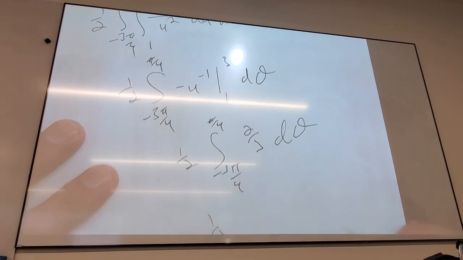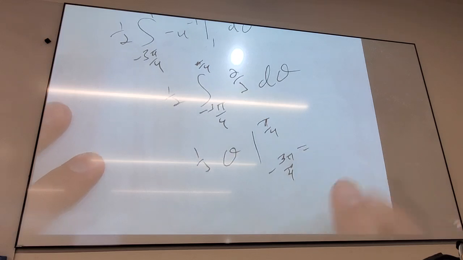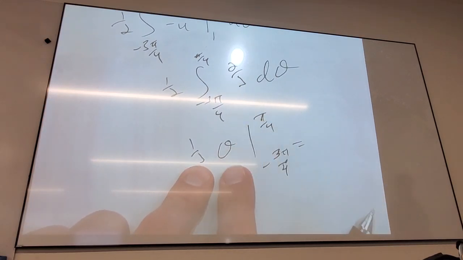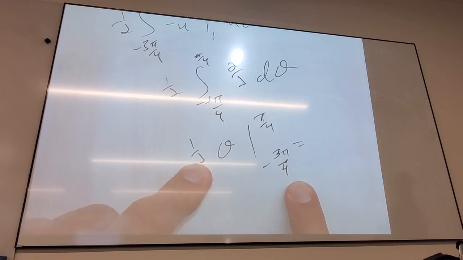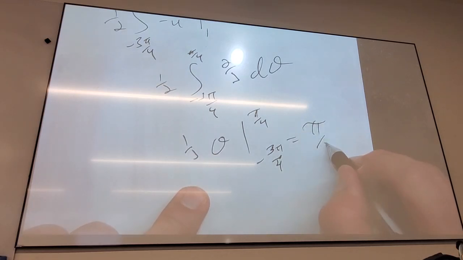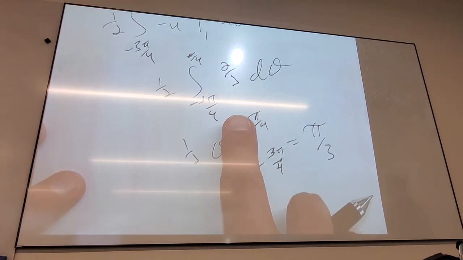Integral of 1 d theta is theta. Evaluate it between these limits, and you'll get 1/3 times pi over 4 minus negative 3 pi over 4. Can you run that back? Sure.